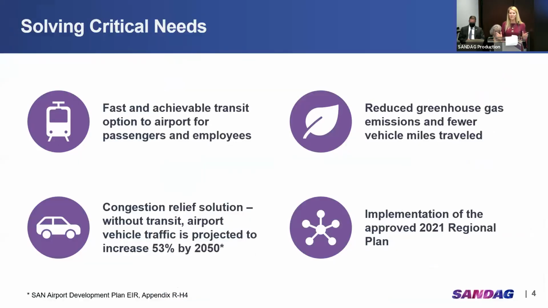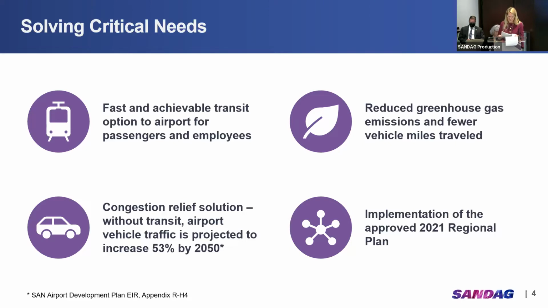As we talk to the partners, as we go out and talk to the community, we hear it needs to be fast, achievable transit. We need to be addressing congestion and the environment right around the airport, but we also need to be looking at this holistically to meet our climate mandates and to look at how this helps to envision and implement our regional plan.